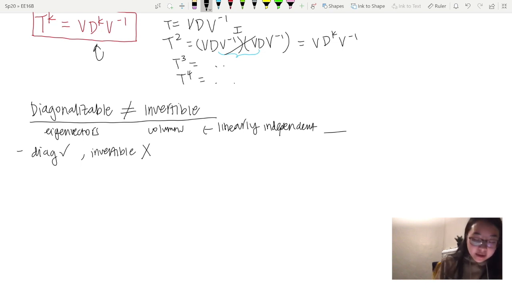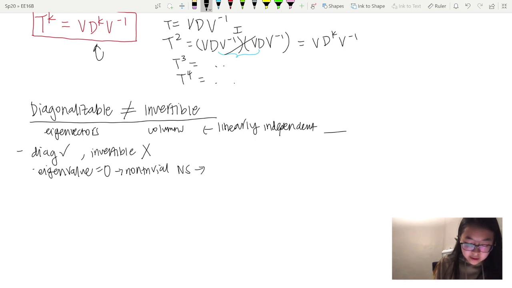So whenever there is an eigenvalue of 0, that means there's a non-trivial null space, and hence it is not invertible because it's linearly dependent. But you can still have independent eigenvectors as long as your other eigenvalue is not 0.